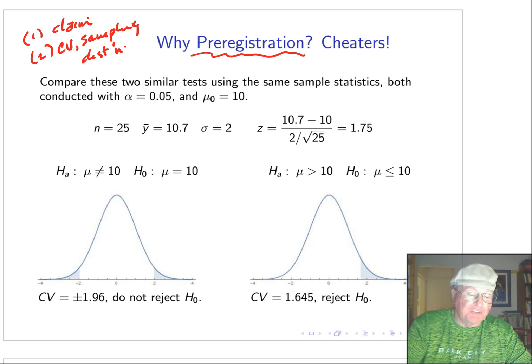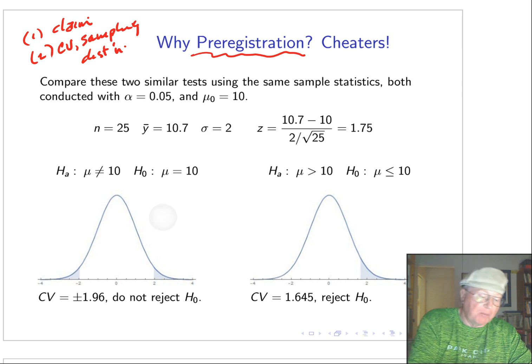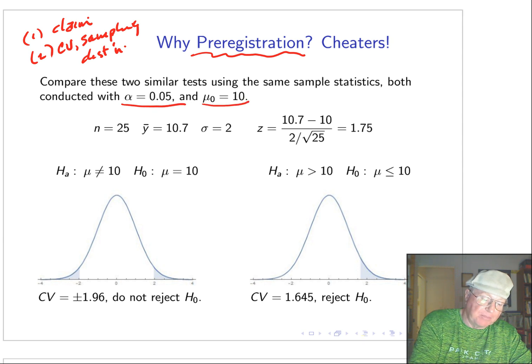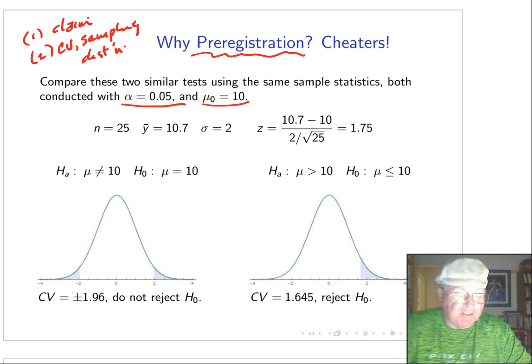Let's look at two similar tests that use the same sample statistics, both with the same alpha, 5%, and the same null mean, 10. So we have a sample size of 25, a sample mean 10.7, a standard deviation of 2. We calculate the z statistic, and we get 1.75.